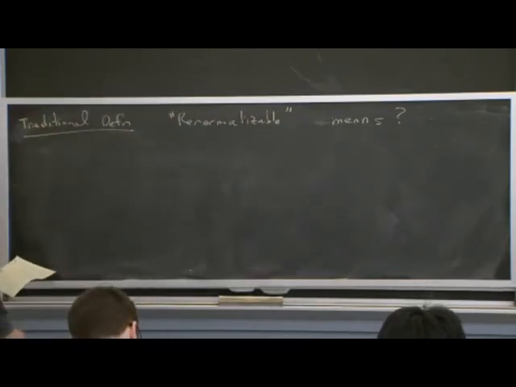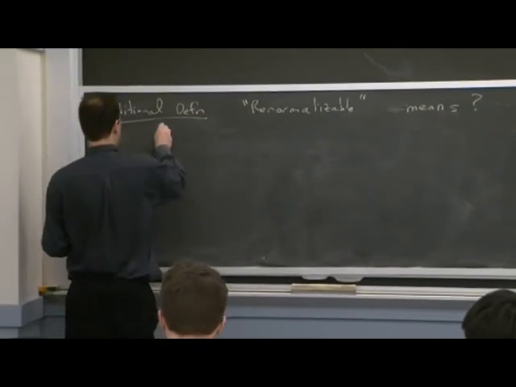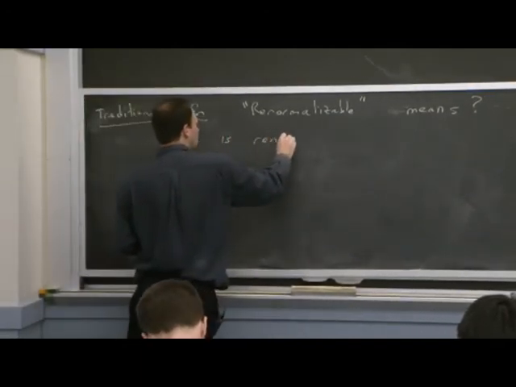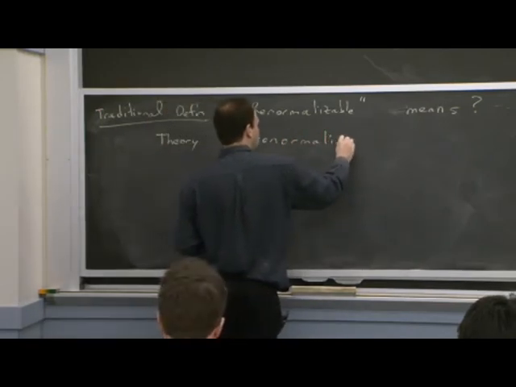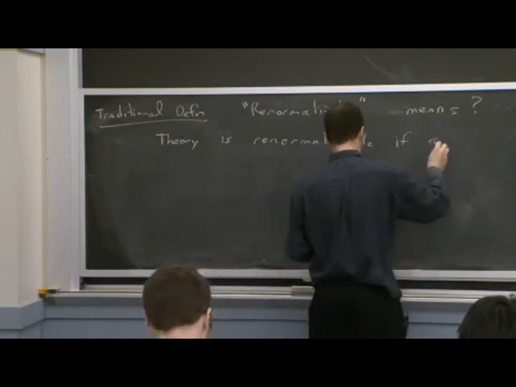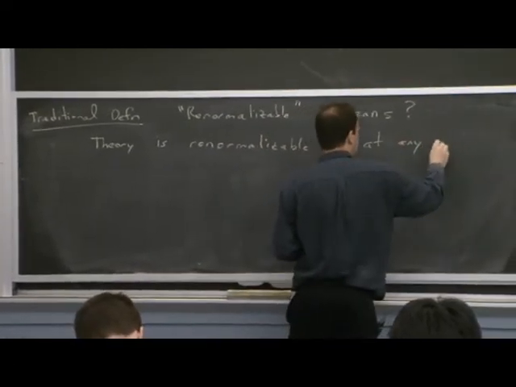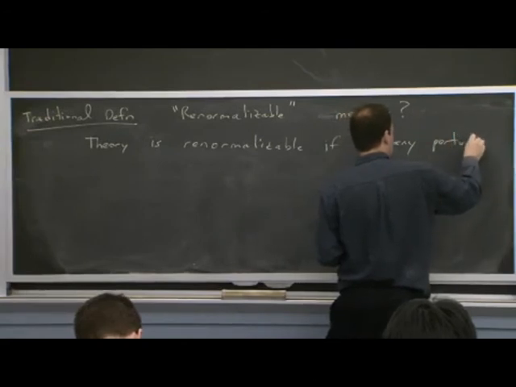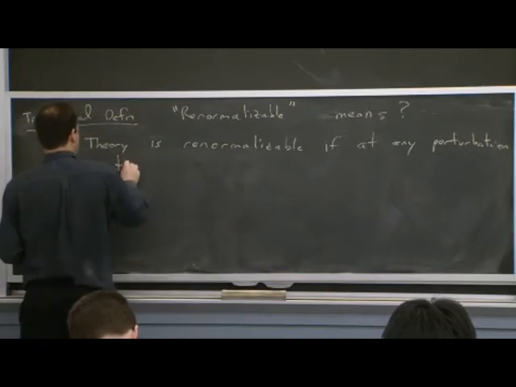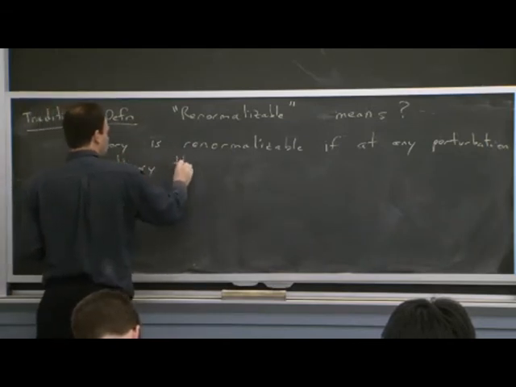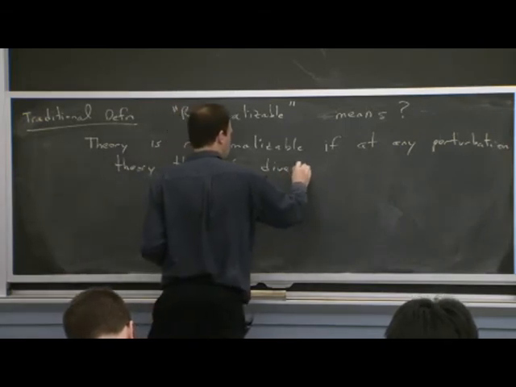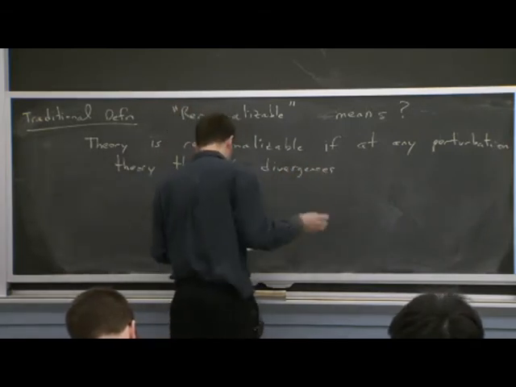So the traditional definition of what renormalizable means would be the following. You would say a theory is renormalizable if at any order in perturbation theory in this quantum field theory the UV divergences can be absorbed.